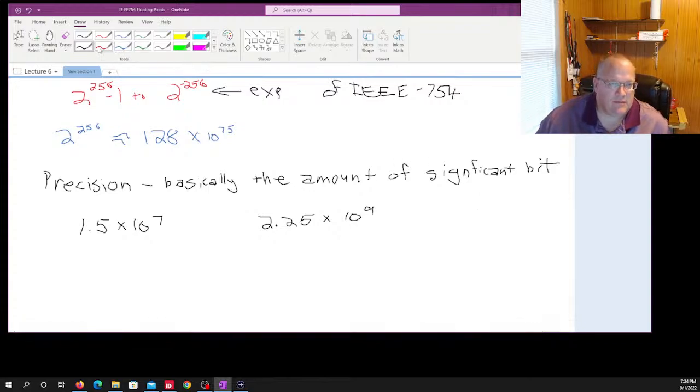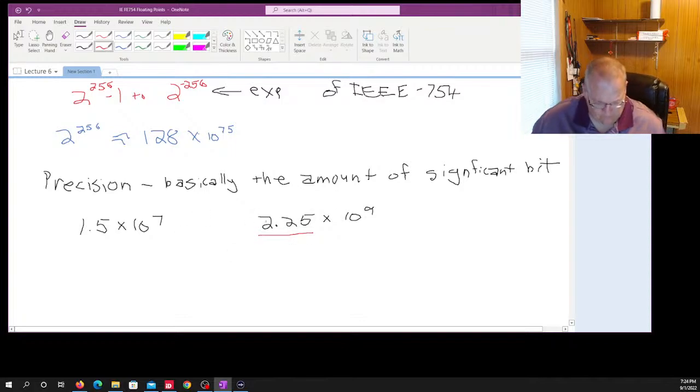Well, it's easy. The one that has more digits. This has more digits. This is 3. This is 2. You can think of it that way. It's more precise because it has more digits. This is only a loose representation.